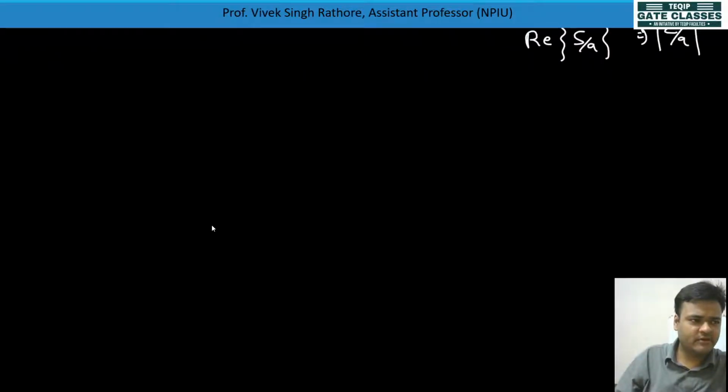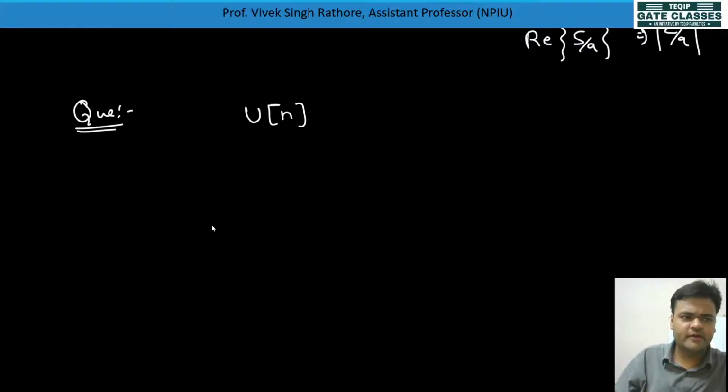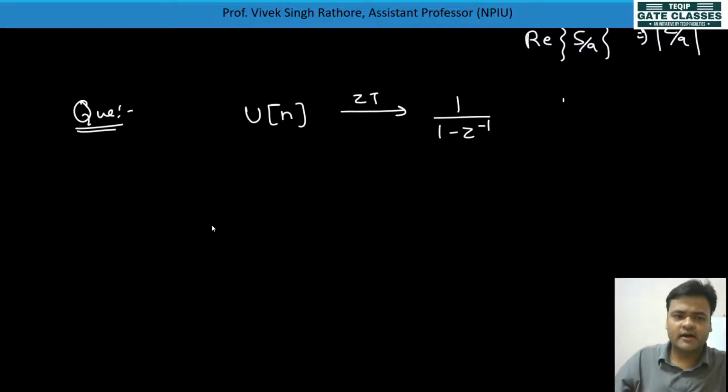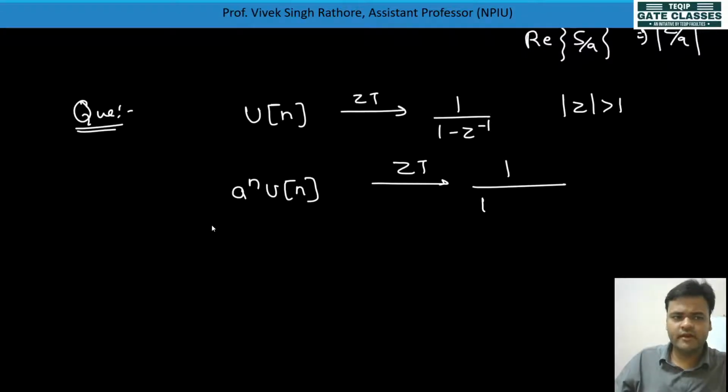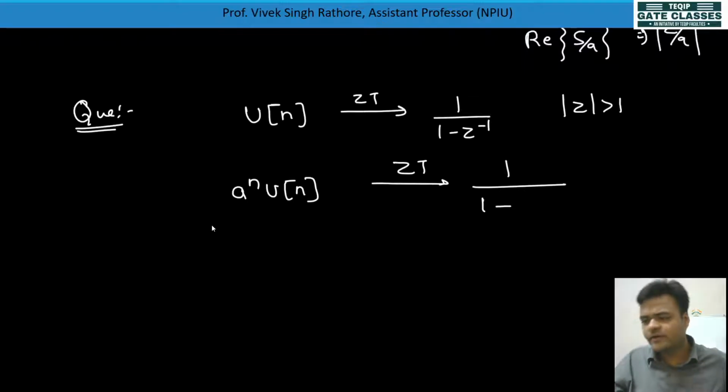Let's take an example. Let's suppose u of n is there. Its Z transform is 1 by 1 minus z inverse, and the ROC is mod z greater than 1. If we multiply a to the power n with u of n, according to the property, wherever z is there, you replace z by z by a.